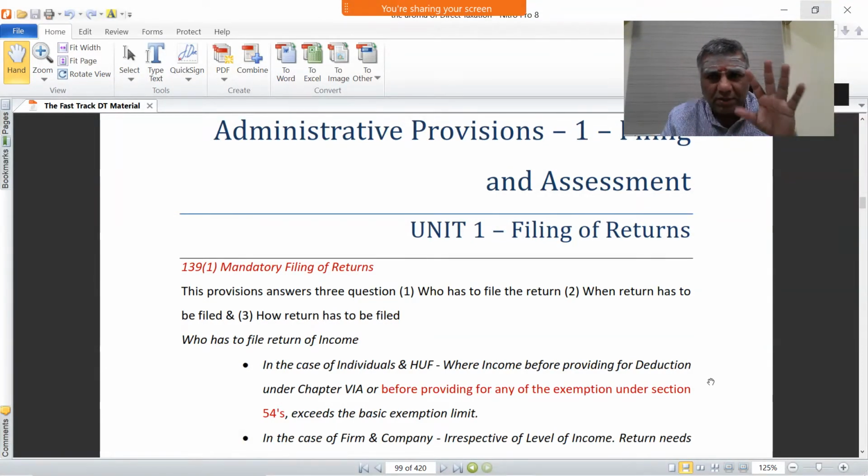We start with filing of returns and move forward. All these processes, after the year is over, after the financial year is over, what happens? That is the beginning of this part of the story.